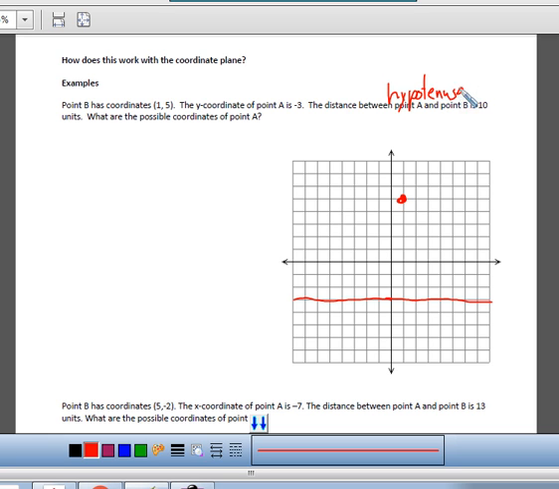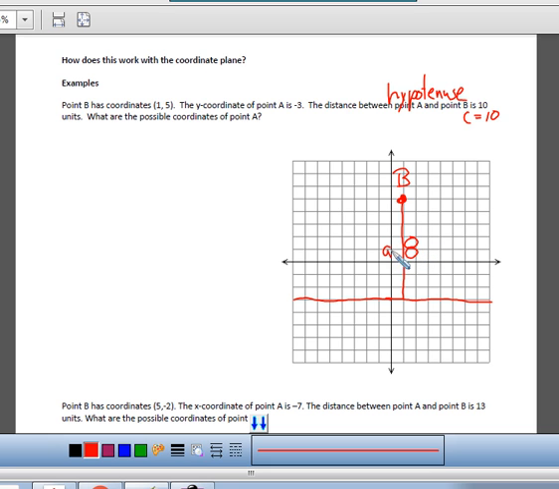Which means when they tell us that it's 10 units, c equals 10. Now, this point B here is some distance away from where A is going to be, which is this line here, y equals -3. I can count the number of spaces here, and it's 8.